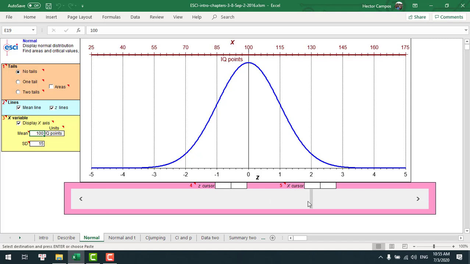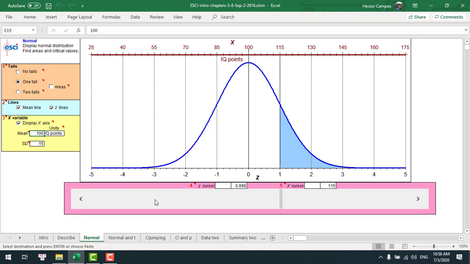Well, let's imagine, for example, that you have a score of 115 and you want to see where you are in comparison to the rest of the population. Okay, so let me move the cursor here to 115. It's a little tricky to get that there, but we got it.